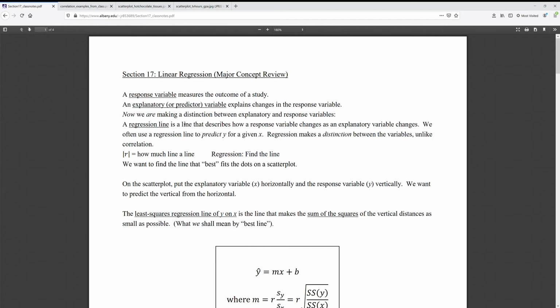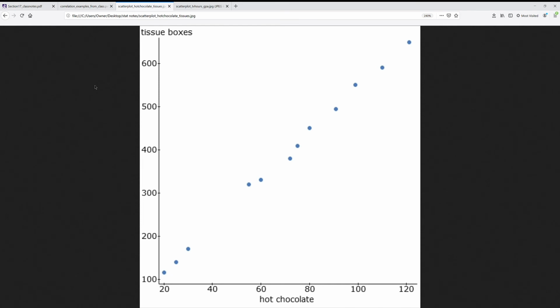So with all that in mind, we want to be a little careful about our terminology. Because we are making a distinction between the two variables, the explanatory or predictor variable is the one that goes in, the one you're predicting with. And the response variable is the one that comes out, the one you're predicting. Remember, you want to avoid the word cause.